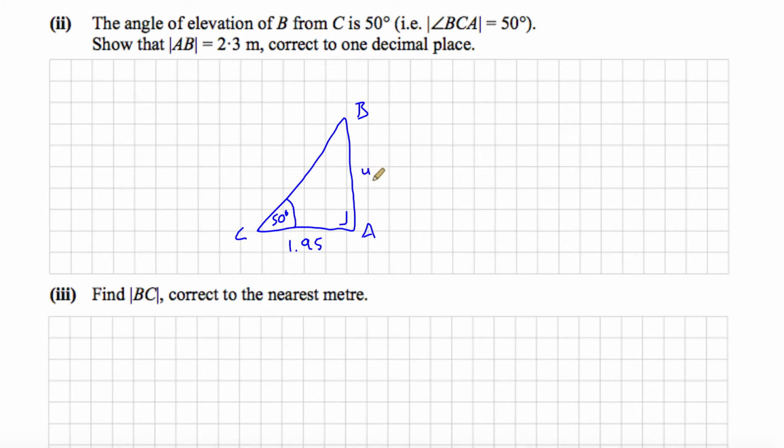So if I call AB y this time, you can see here that I have an angle and a side, and it's a right angle triangle, and I'm looking for another side. So I can use sin, cos, or tan. From this angle I'm looking for the opposite, and I have the adjacent, so that's going to be tan. You can get this from your tables book as well. So the tan of the angle is equal to the opposite over the adjacent, 1.95.